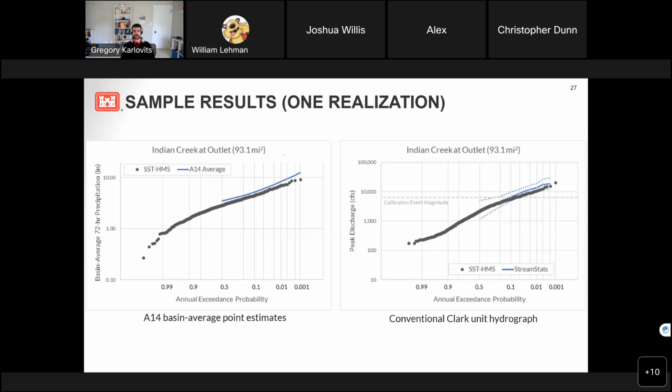And so you could see in this case, if you do not apply an area reduction factor going from the point maximum to the area average, you would overestimate the precipitation. And in some of these cases, we're talking about 10% or more. And so that's a significant difference. So the results on the left side is exactly what we expected to see. The area averages are lower, but the shape of the curve follows roughly the same.